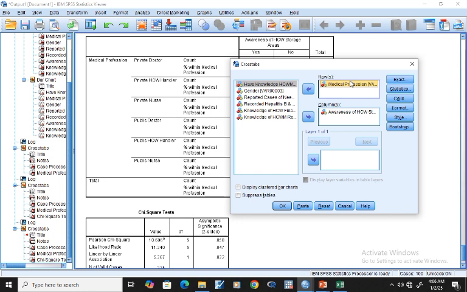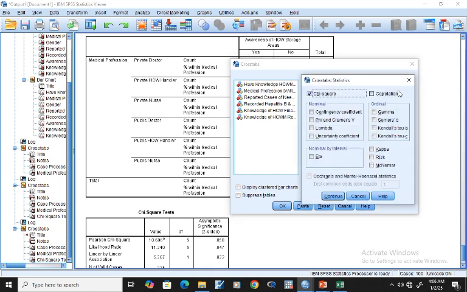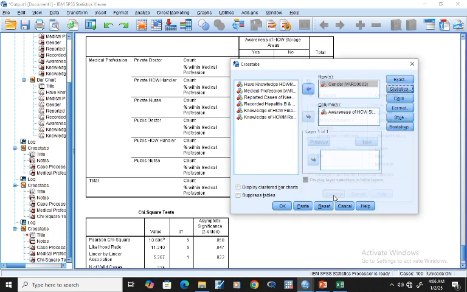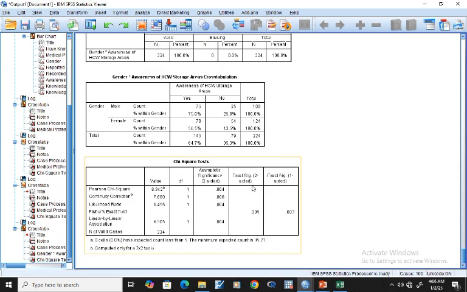What I mean by a 2 by 2 contingency table is when you have two response levels for your rows and columns, for instance, gender and awareness. So when you perform a 2 by 2 cross tabulation analysis, just like when we have gender against the awareness of healthcare waste storage, yes or no, we don't rely on the Pearson chi-square.